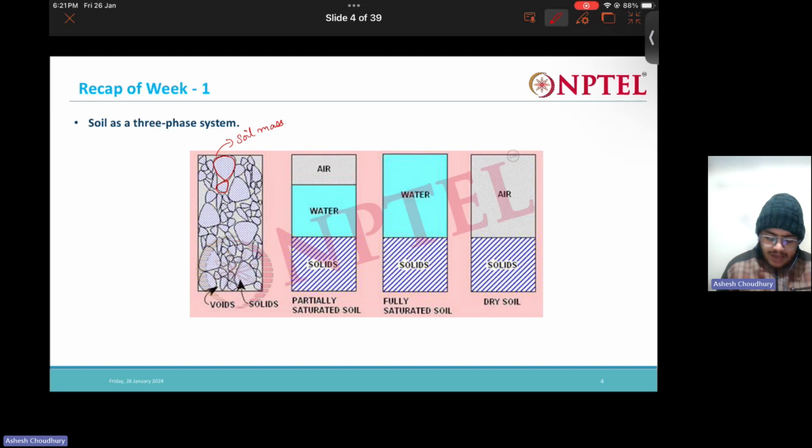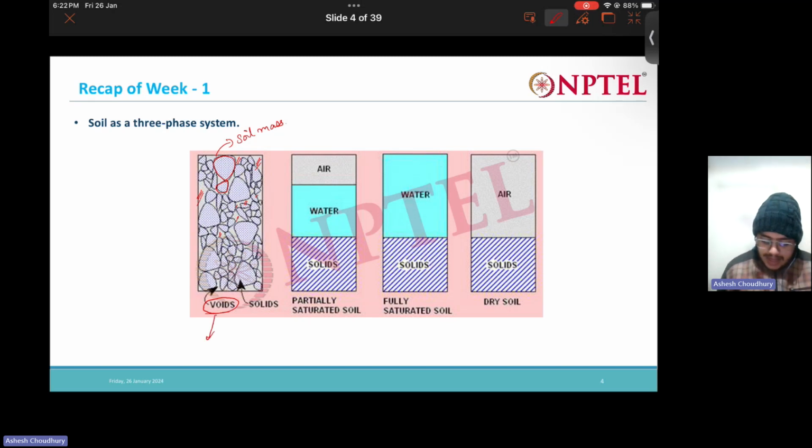Then we have this portion, these spaces. These spaces are nothing but the voids, right? Empty spaces. Now, these voids can either be totally empty, that is, it can be void, or it can have some water in it. Okay, so it might be empty, that means there is air.